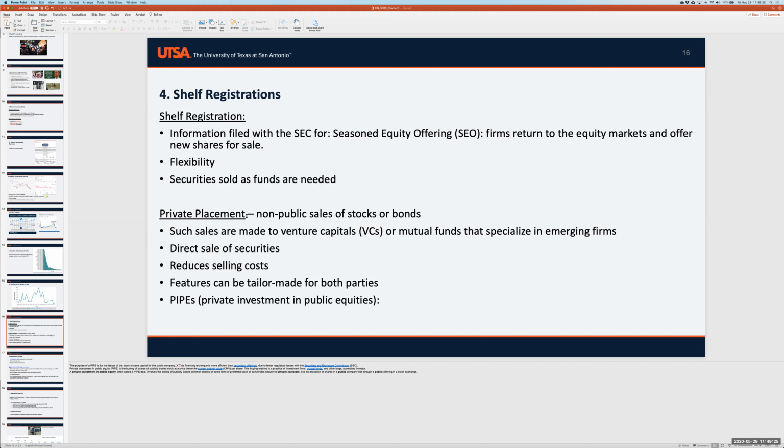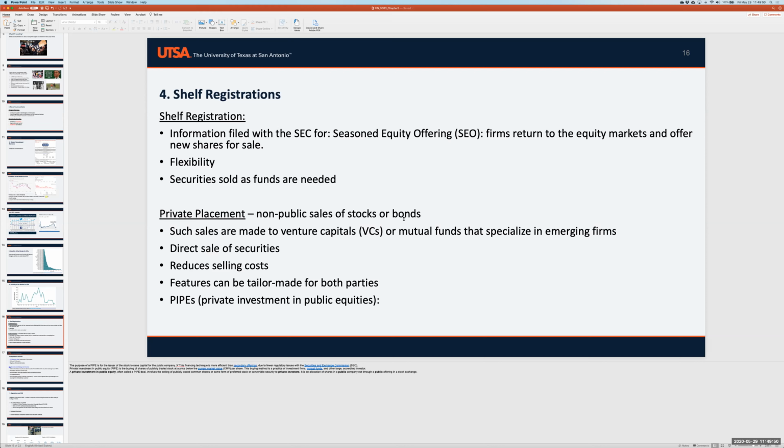Yes, private placement is another concept. This is a non-public sale of stocks or bonds. So there's no public sale, and venture capital investors or mutual funds can buy these shares from the company. So this is not an IPO, this is just private placement.